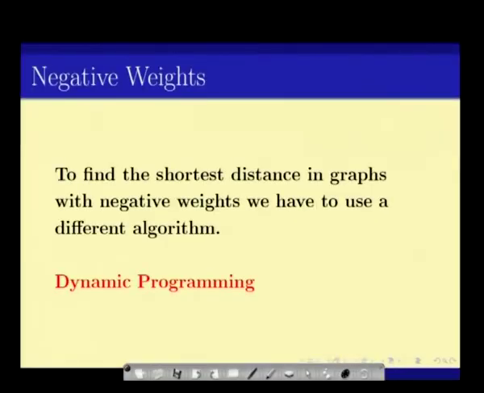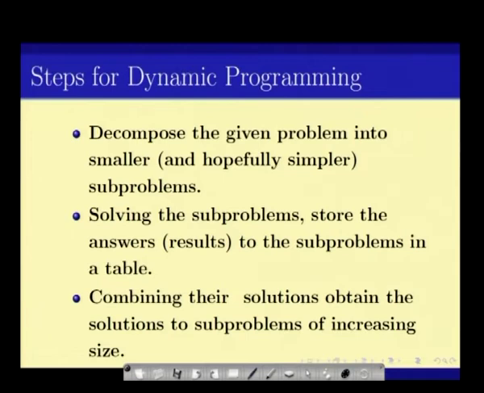Just like we had seen the divide and conquer algorithm, that was one technique. Similarly, dynamic programming is another technique. So, let us see what the idea is. The idea is almost like divide and conquer. It is like decomposing the problem into smaller sub problems. Hopefully, the smaller sub problems are easier to solve.